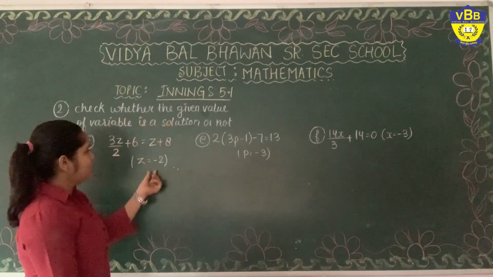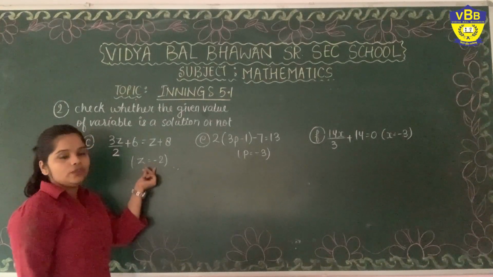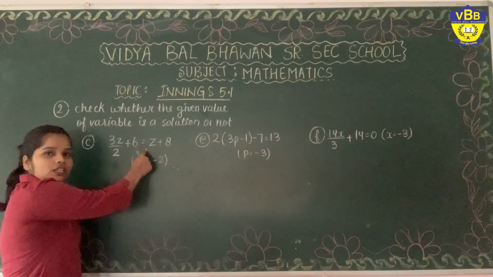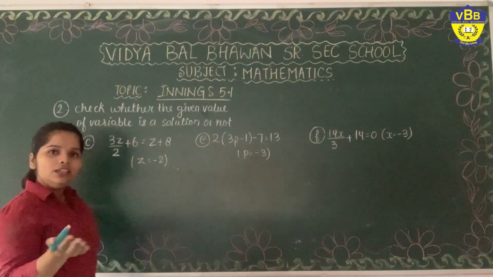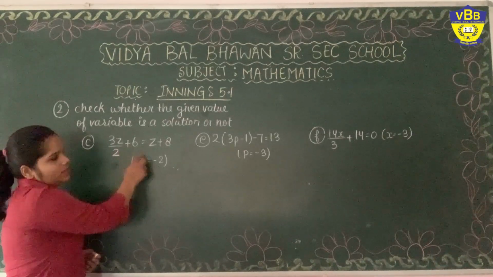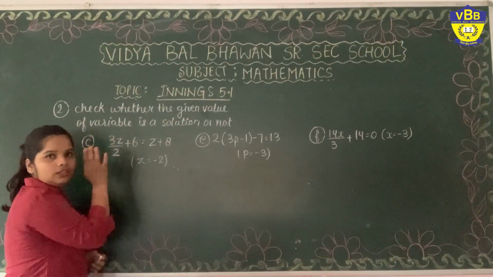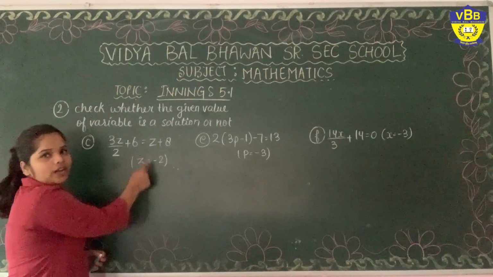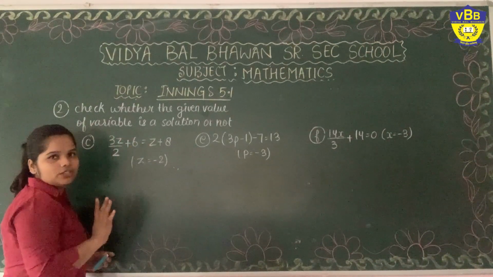You need to check whether these values of the given variables are basically the solutions of these given equations. For that, you need to check if this is the value of this equation or not. That means the value should satisfy this equation.